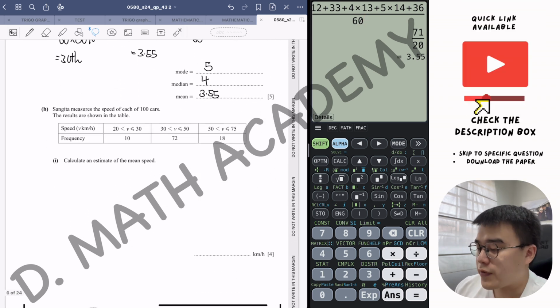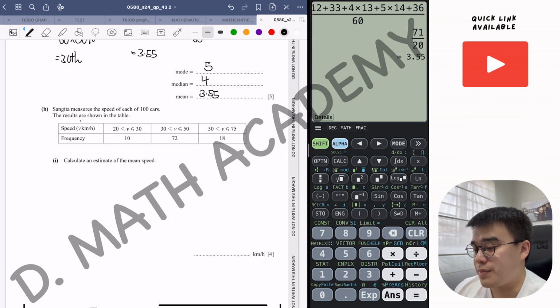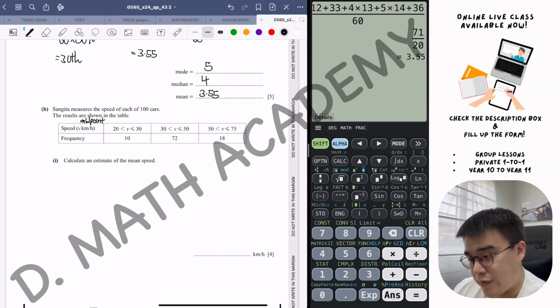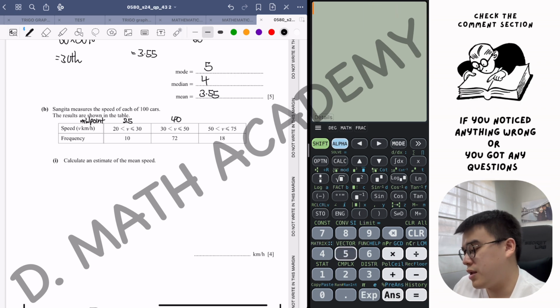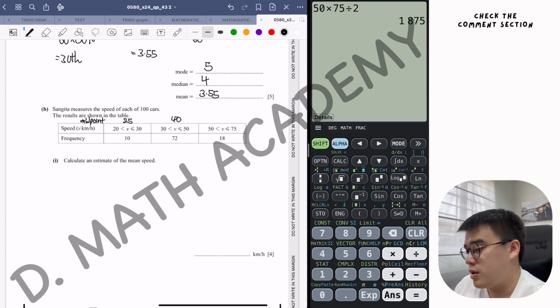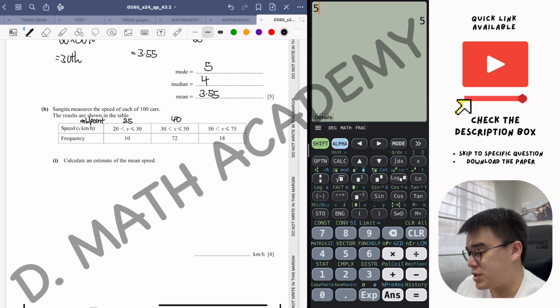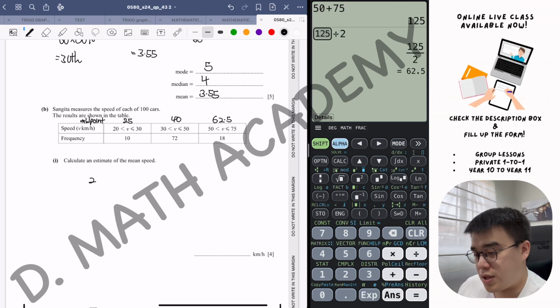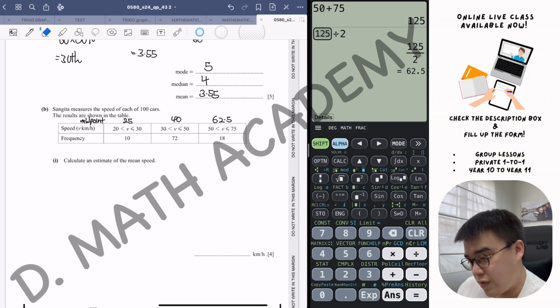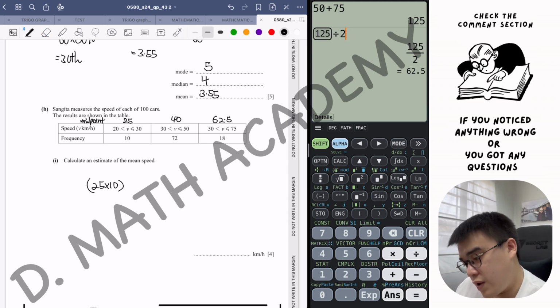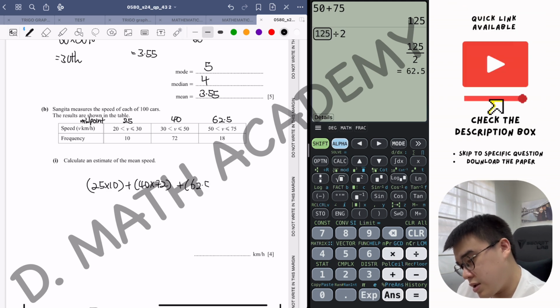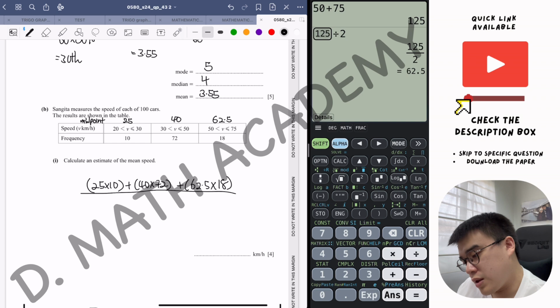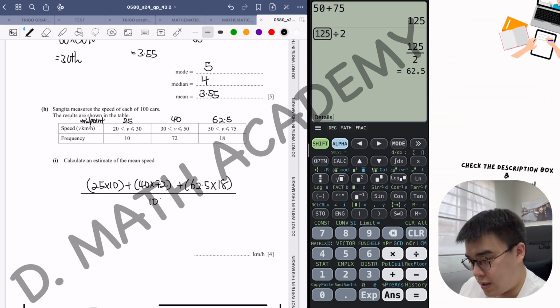Based on the group given here, we are supposed to find the midpoint. Because we have a class interval, the midpoint is 25, 40, and this, which is 62.5. So take the midpoint times the results that you have here, add them again, and divide by the frequency of 100.